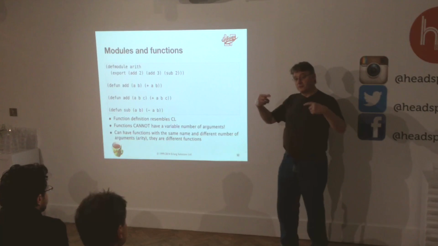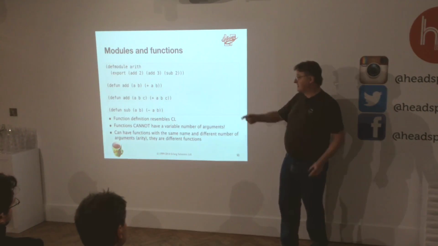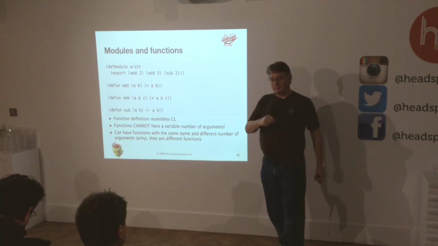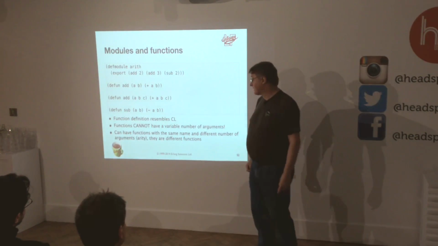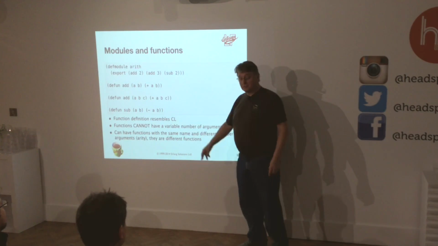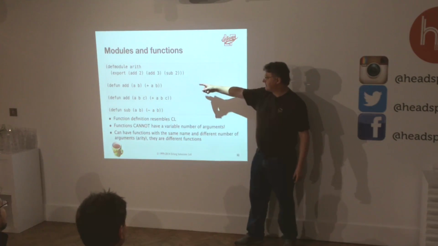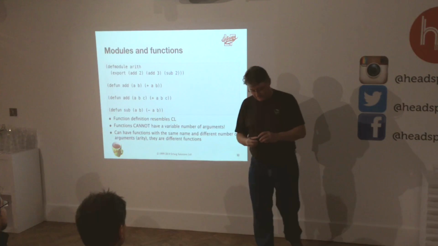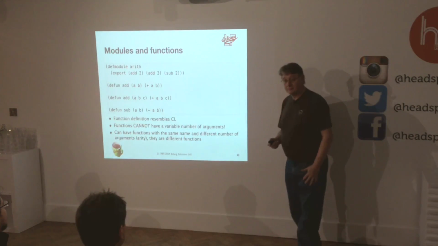You can build something on top which does it. For example, everything can have one argument, which is a list of arguments, but then you won't get proper native support in it. That's just a property of the system. The number of arguments we just call the arity. So here you've got an add of arity 2, and here you've got an add of arity 3. That just goes through everything. It's very practical sometimes.